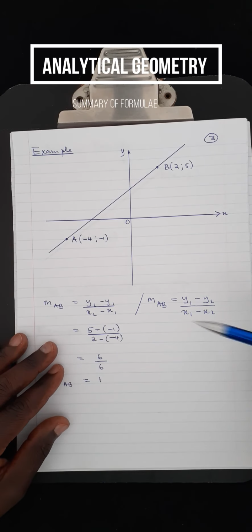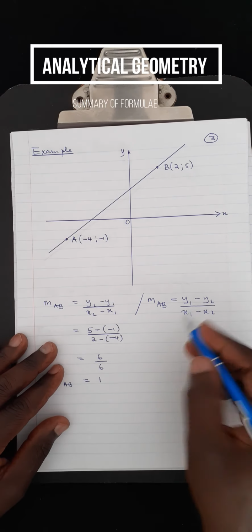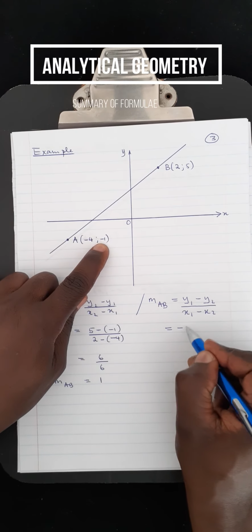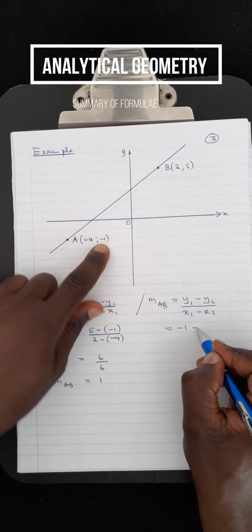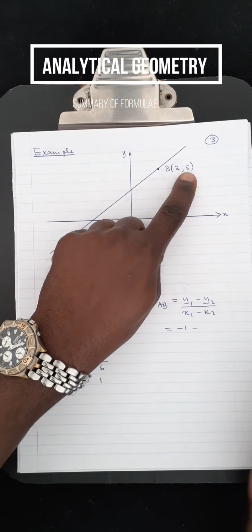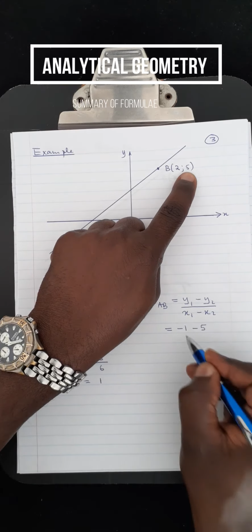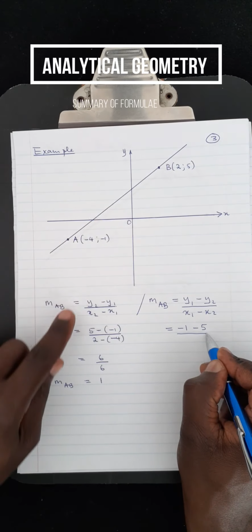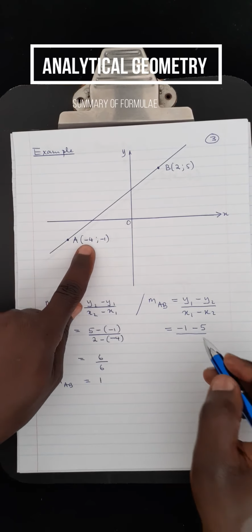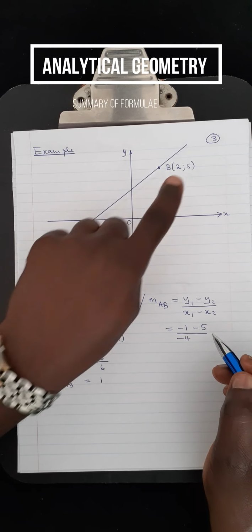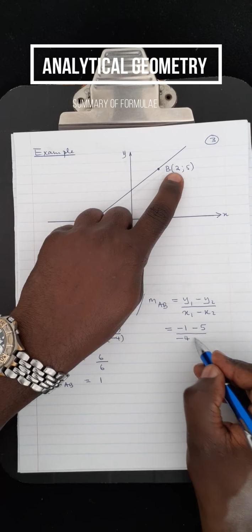So let's say we work the same problem, but now I'm using 1 minus 2. How much do we get? My y1 will be -1, using the same example, subtract y2, taking B as my second point this time, so that will be 5. Divide that by -4, that is my x1 for the first point, minus the x coordinate of the second point, minus 2.